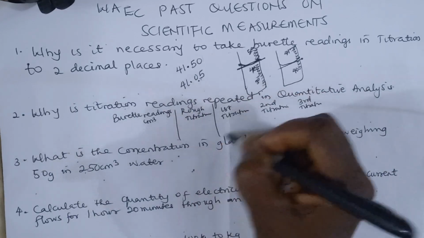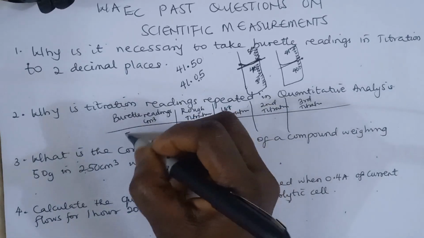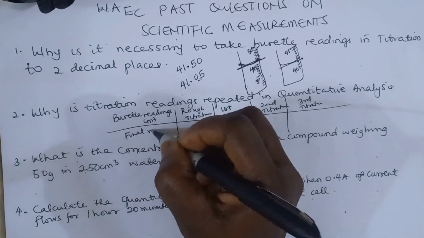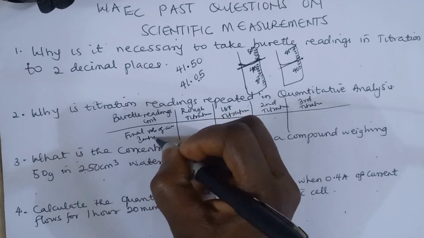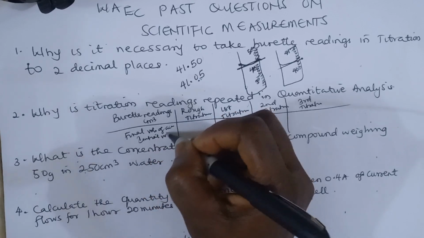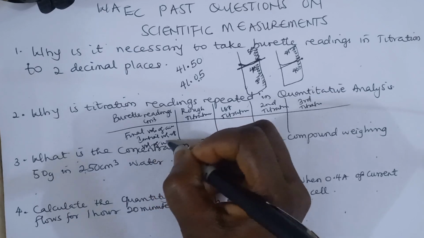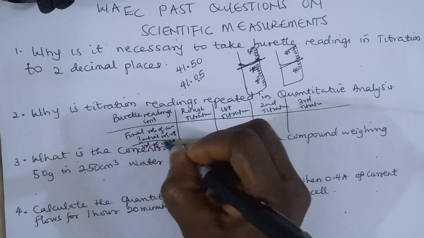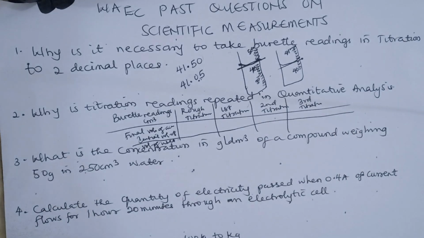Now, your tables of readings will be in this form. So you have your final volume of acid used. Initial will be under here, volume of acid. Then we have volume of acid used, which is the difference between the final and the initial.